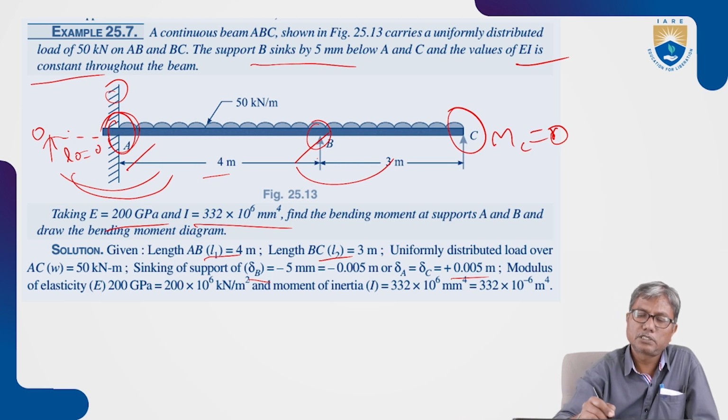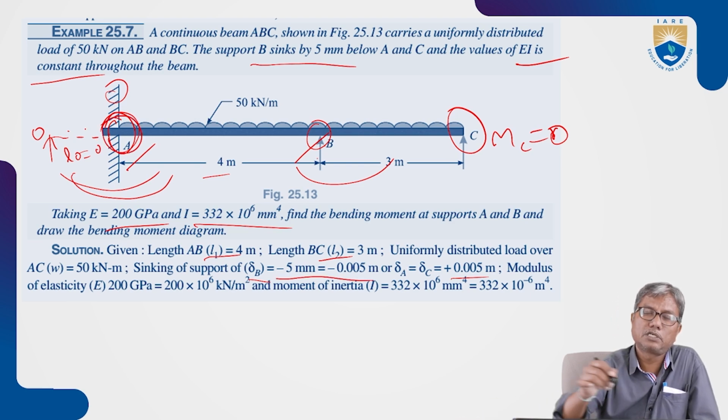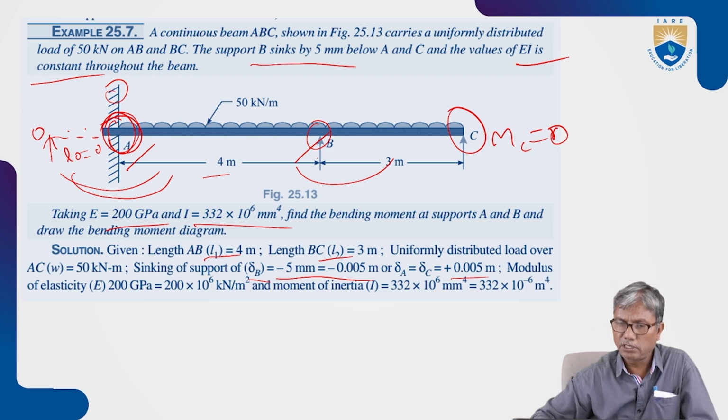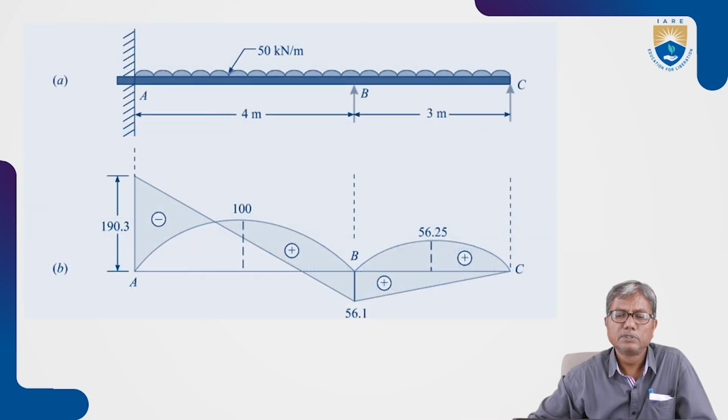So delta B will be negative with respect to the common support because it is moving down. So this is the final bending moment diagram. We'll see this later.